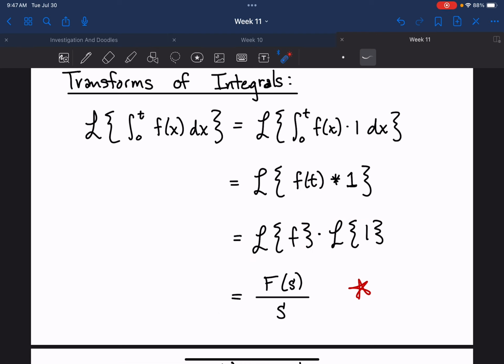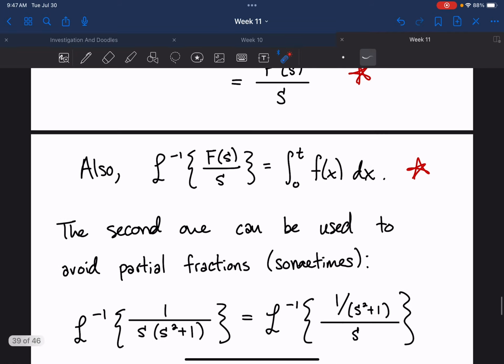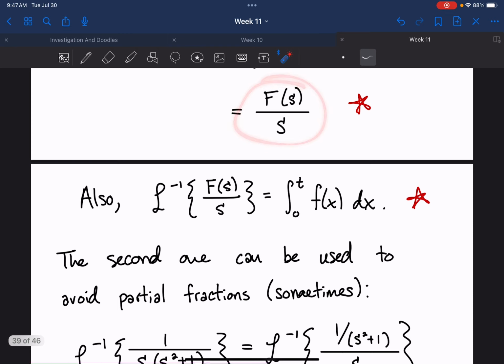And this is kind of useful. This can often save us from doing partial fractions, because the inverse Laplace transform of F of s over s is just the integral of little f, which is the inverse Laplace transform of big F.